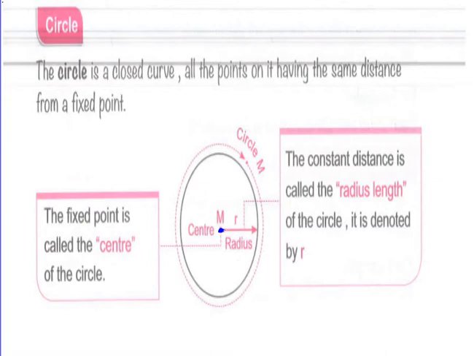Okay, from M to the curve here we called it what? The radius. Okay, from the center to the curve of the circle we called it radius. Okay, here center and here the radius length, and we denote it as r.